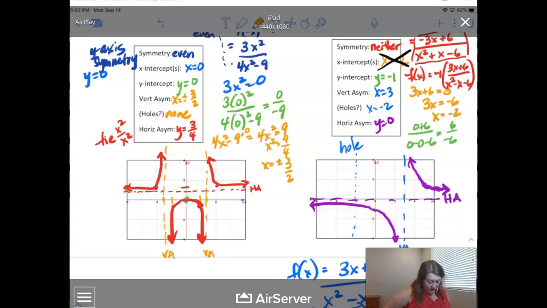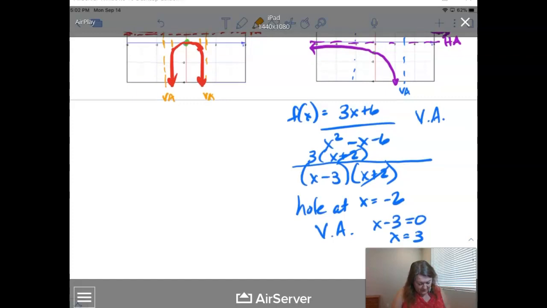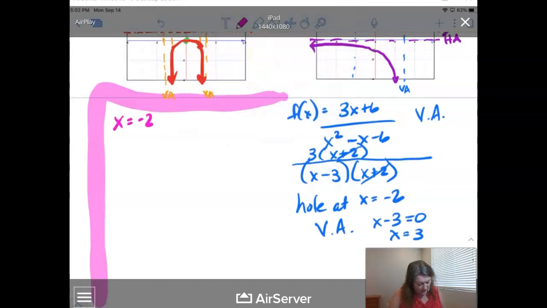If I were to go, and we know that hole is at -2, so if I were to go to the original problem, over here, original problem. Okay, so if I were to go over to where x is -2 and put it into the original, we'll have 3 times -2 plus 6 over -2 squared minus -2 minus 6.